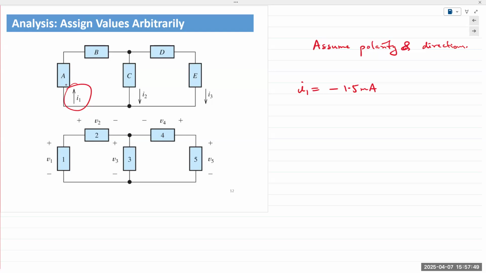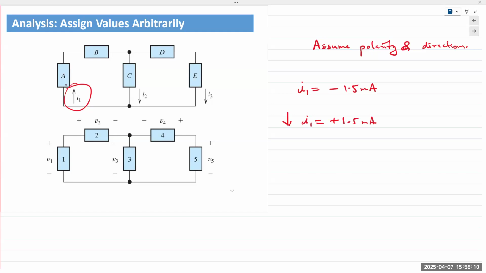Okay, you will still get full credit as long as your sign and your arrow direction or voltage polarity matches up. Okay, if the actual answer for this is I1 coming down and you get plus 1.5 milliamps, your answer is correct.